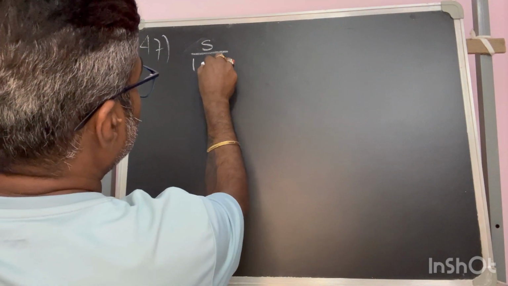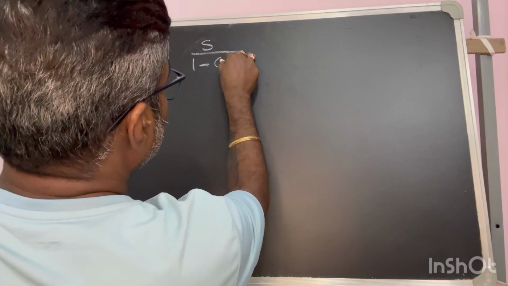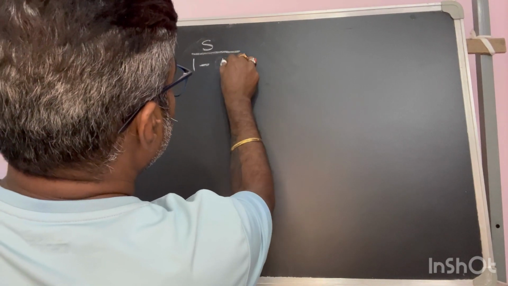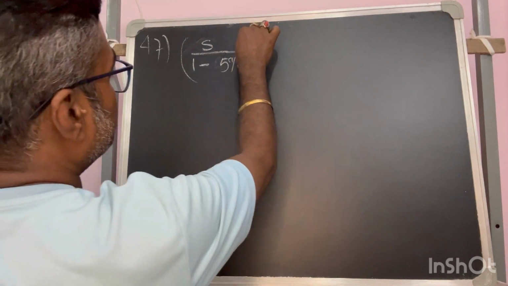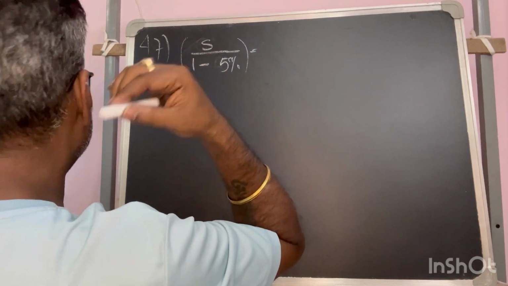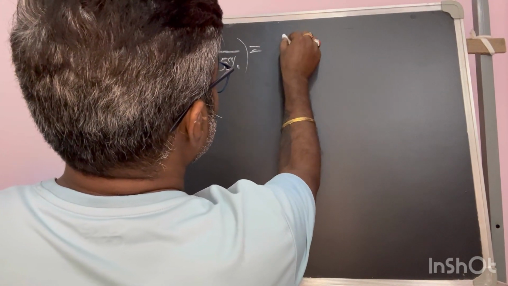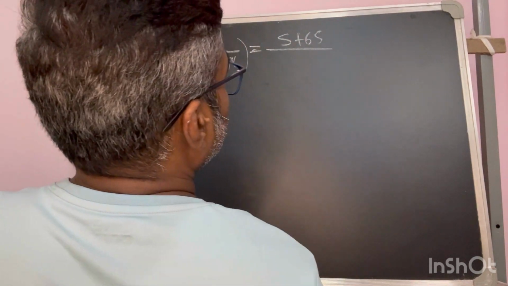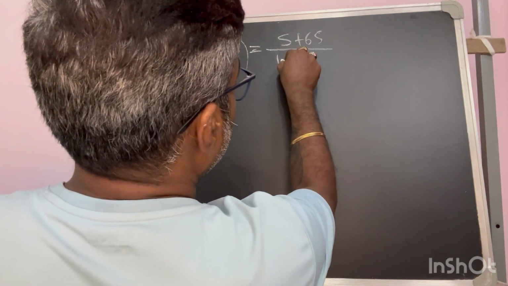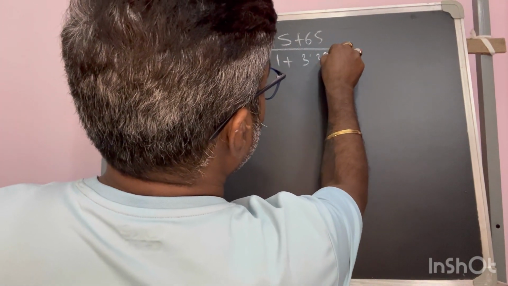So that was the equation, 1 minus the loss. Loss was 5%, and this is the first cost price when he is making a loss. The second is also a loss. The cost price will be the same, but the sales price has increased by 65, and he is making a profit of 3.33%.